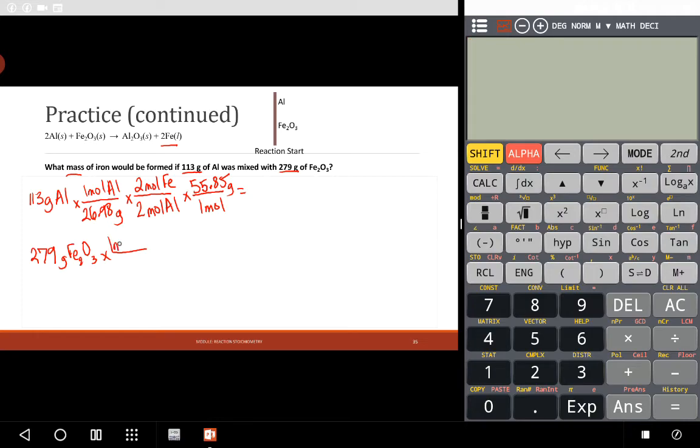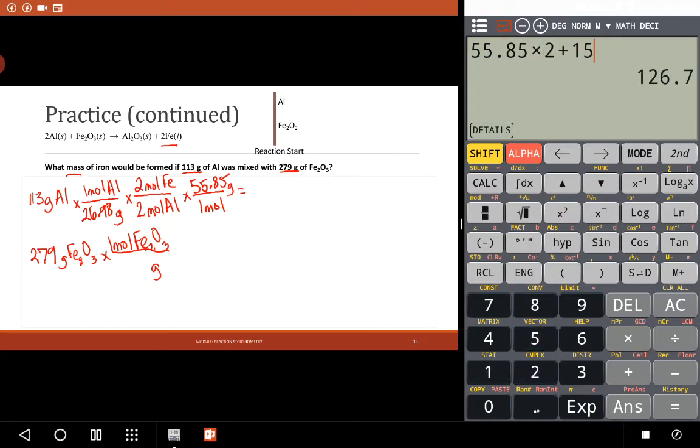So I'm going to have to convert that into grams, not of aluminum, that's iron oxide. And then I'm going to need the molar mass of that. And so that's 55.85 times 2 plus 15.999 times 3.